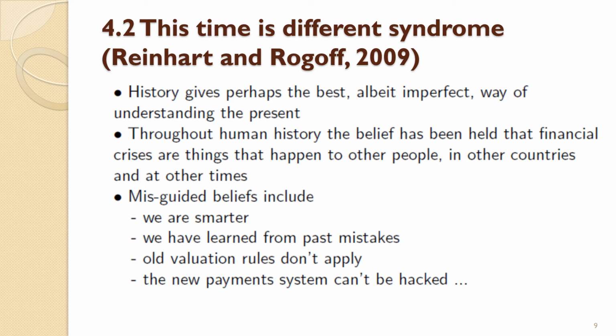You're unlikely to be smarter. There are evolutionary stable preferences for risk, return and greed, etc. It's difficult to learn from past mistakes. Old valuation rules may still apply in the context of financial technologies. That's one of the lessons of the internet bubble at the turn of the millennium. And historically, an important issue is that payment systems can be hacked in unforeseen ways.